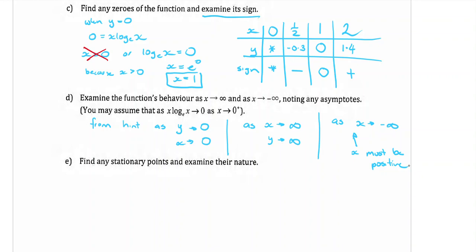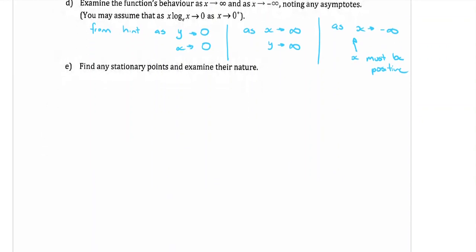All right, part E. Find any stationary points and examine their nature. Stationary points are when the derivative equals 0, but this is a product because it's x log e of x. So we're going to have u equals x, v equals log e of x, u dash equals 1, v dash equals 1 over x.